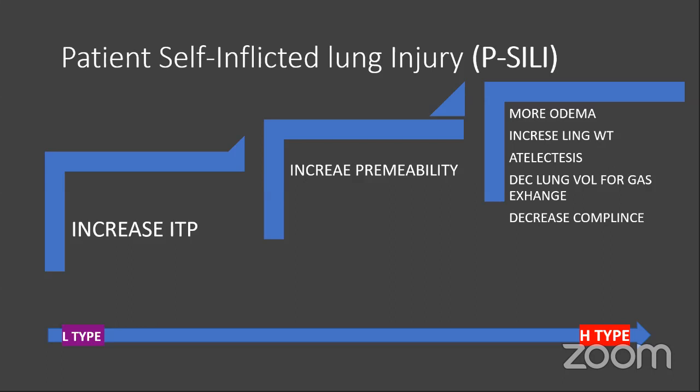This, associated with increased permeability of the lung because of inflammation, leads to more edema, increased lung weight, more atelectasis, and decreased lung volume for gas exchange, and ends with decreased compliance. So the patient starts as L type with good compliance and reaches the complete picture of ARDS, H type, because of self-inflicted lung injury and, of course, maybe the normal progress of the disease.